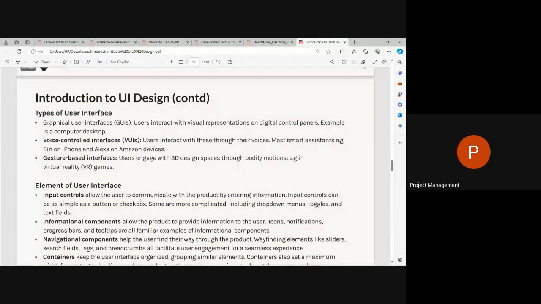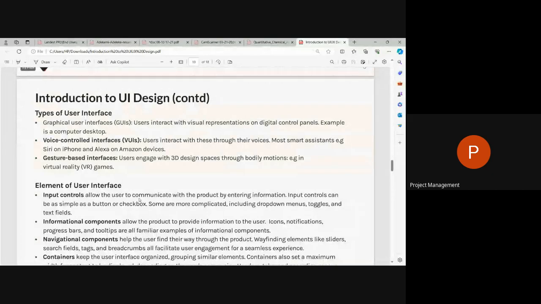Then we have the voice controlled interface, that is an interface we interact with through our voices, like Alexa, like Siri, all those voice command features, like the one on Google as well. I think there's a voice command on Google. Those are features that you can add to your design to make it accessible. Then we have gesture-based design, that is interacting with your body movements, like these virtual reality games.